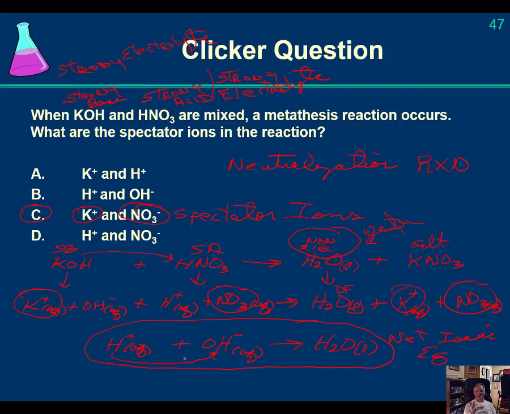This is what's happening. These two guys, hydrogen ion, hydroxide ion, are getting together to make this. And that makes your life easier if you understand that. Okay, that's enough for that video.